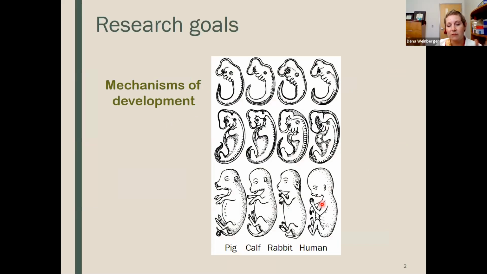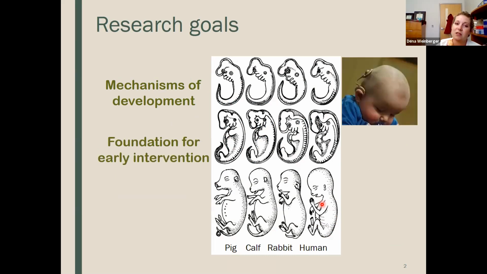Just to give you an overview of what my lab is focusing on, my research goals are to study mechanisms of development, and more specifically to use that type of mechanism as a basis for someone else to look at foundations for early interventions.